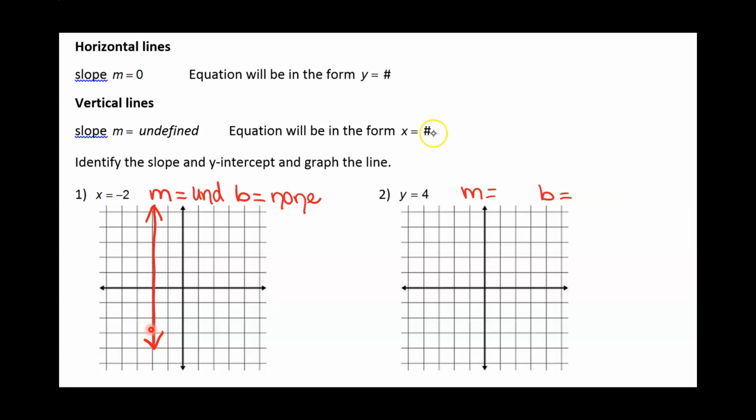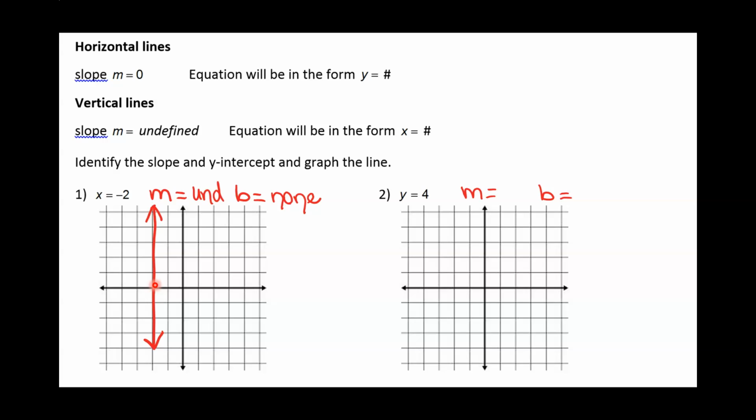Anytime it's x equals a number, we know it'll be a vertical line. Something that might help is that it crosses the x-axis. It has to equal x because it crosses x. So that's an easy way to remember that if it's a vertical line, it's got to be x equals a number instead of y equals a number.